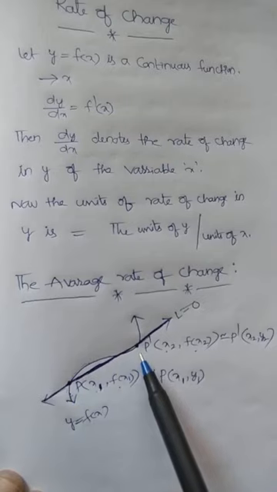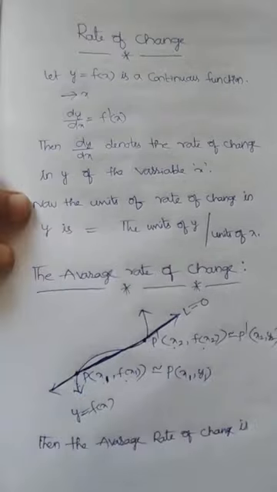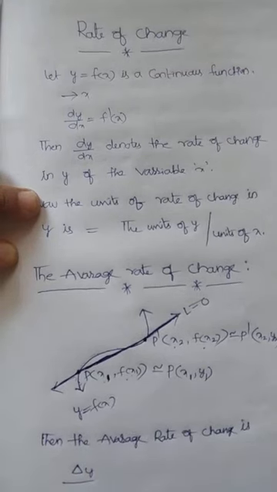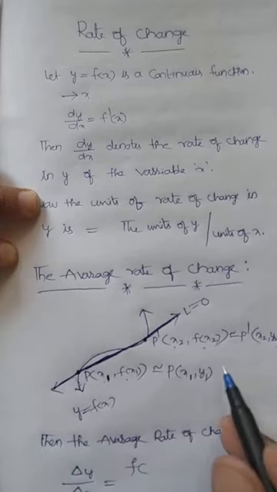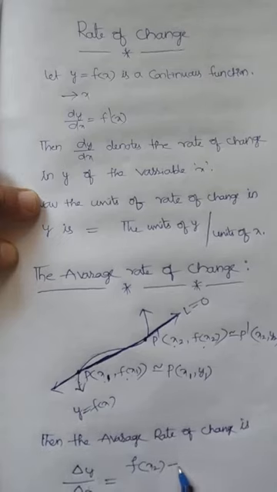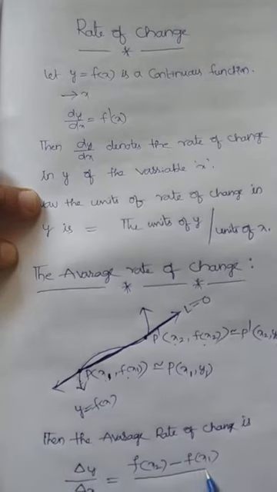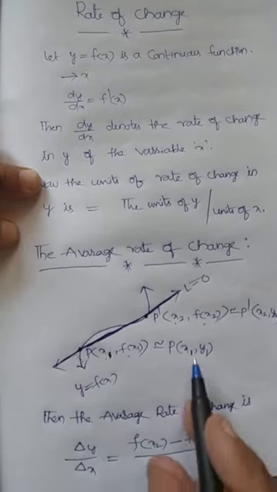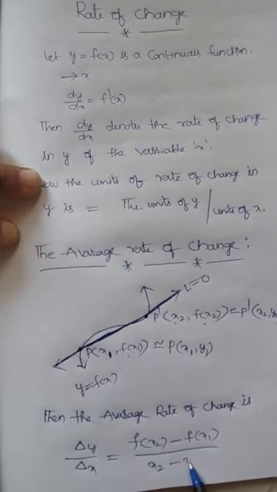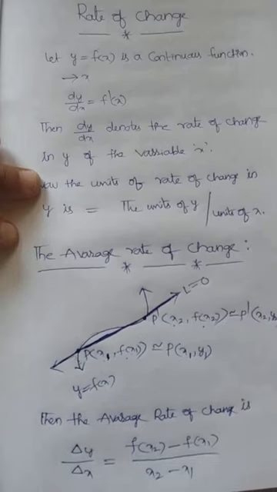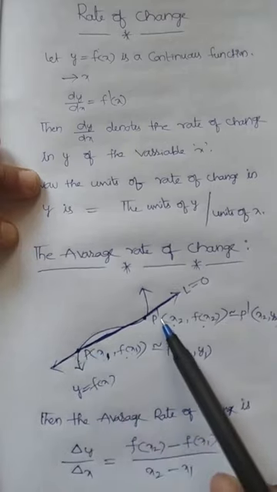The average rate of change is denoted as delta y by delta x equals f of x2 minus f of x1 by x2 minus x1, which is indicated as the average rate of change from P to P dash.